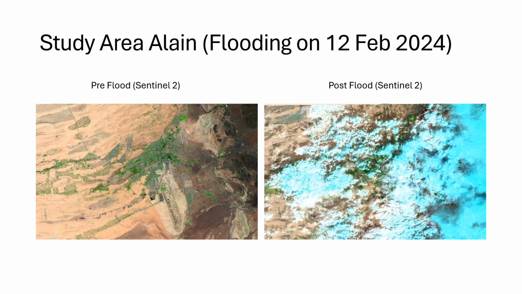The other primary purpose of choosing this event is that we can take SAR imagery right on the day of the precipitation, so we will get pretty good results. Here you can see the pre-flood imagery is good, but the post-flood imagery from Sentinel-2 is cloudy. We cannot see anything over here, and that's why we are going to use SAR imagery from Sentinel-1. It's really good for such weather.